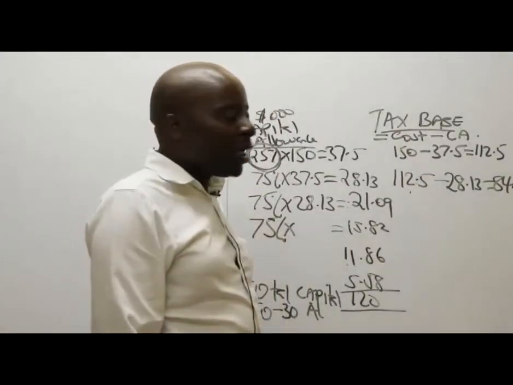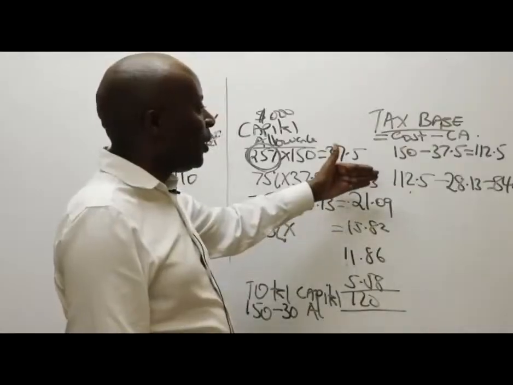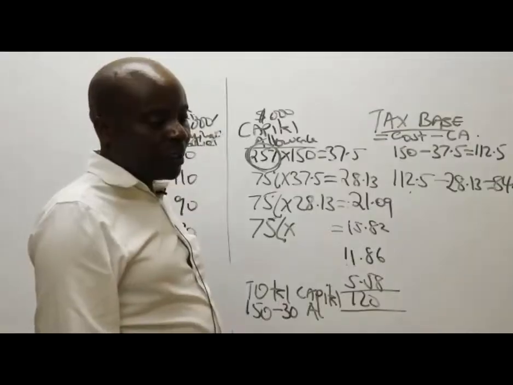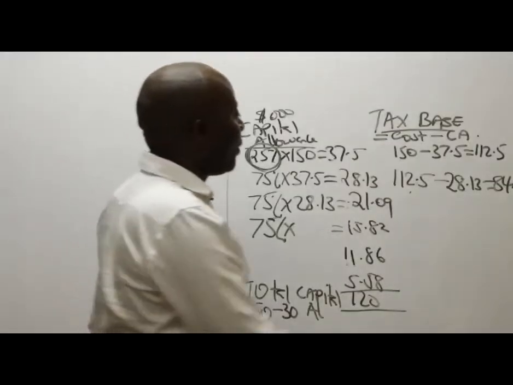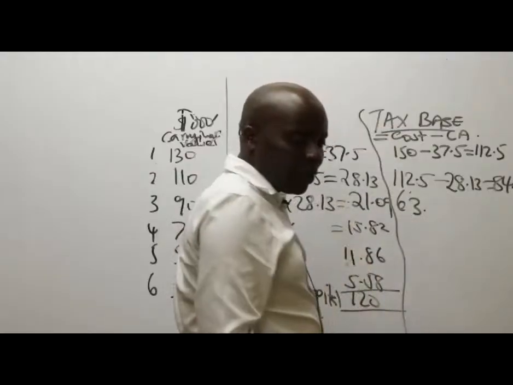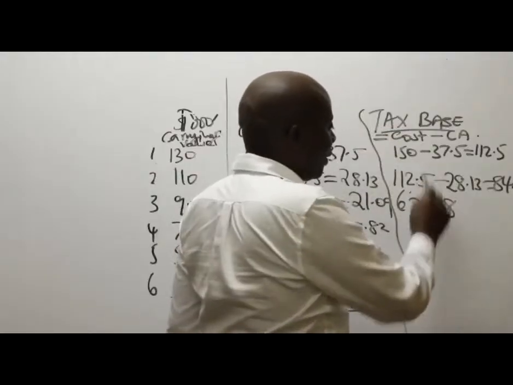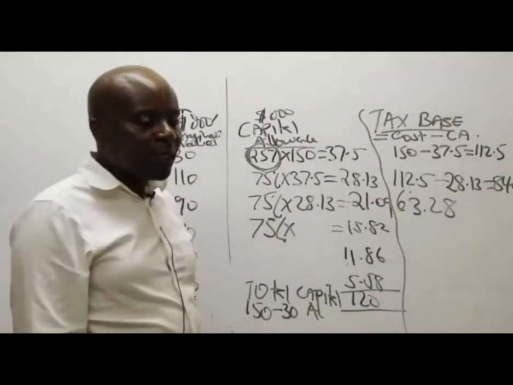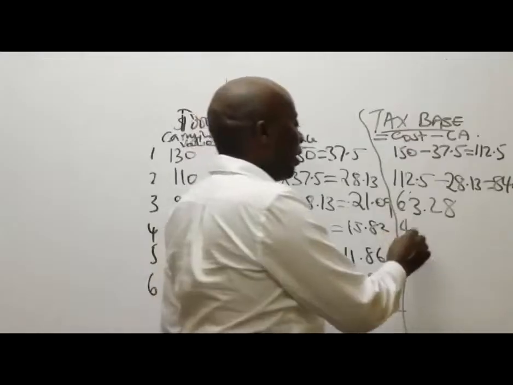84.35. Now, could you kindly continue and give me all the years' tax bases? They tell me, teacher, the third one, take 63.28. Please continue with that good spirit. 47.46.